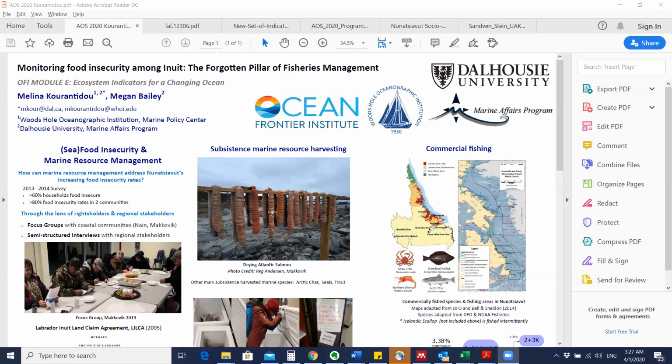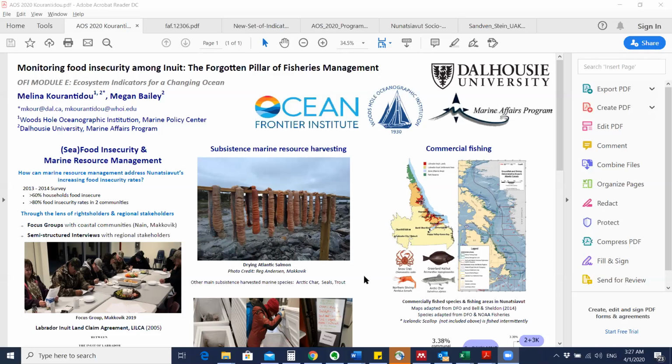Good. So this is a little different from the rest of the papers in this session. It draws from a white paper listed on the Arctic Observing Summit website that has to do with monitoring food security. Marine resources are, as you all know, critical to nutrition and food security, and an important part of the wage and subsistence economy among Inuit.